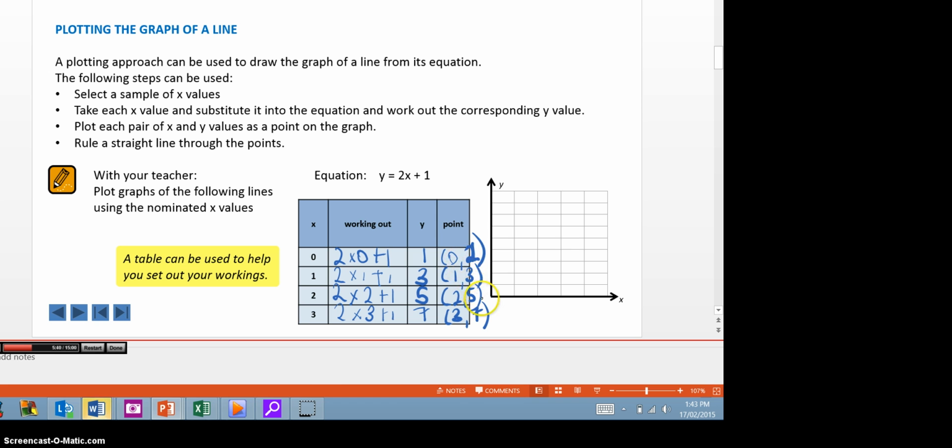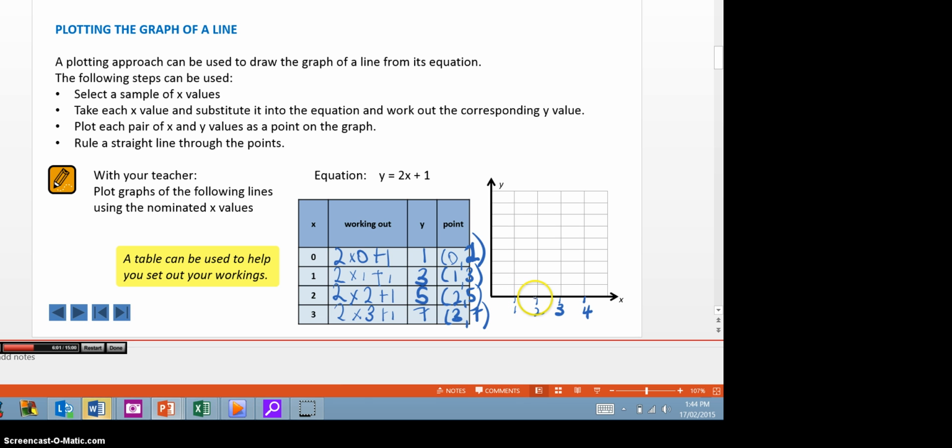So when you've got your points, these are all neatly in the right sort of scale for us, but you need to look along your x-axis. We'll go from 0 to 3, and so you need to label your scale along the x side, making sure that every time you do it, it's consistent.